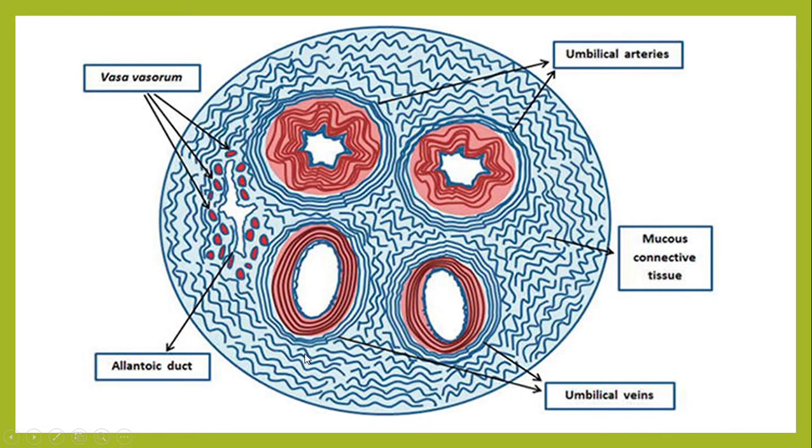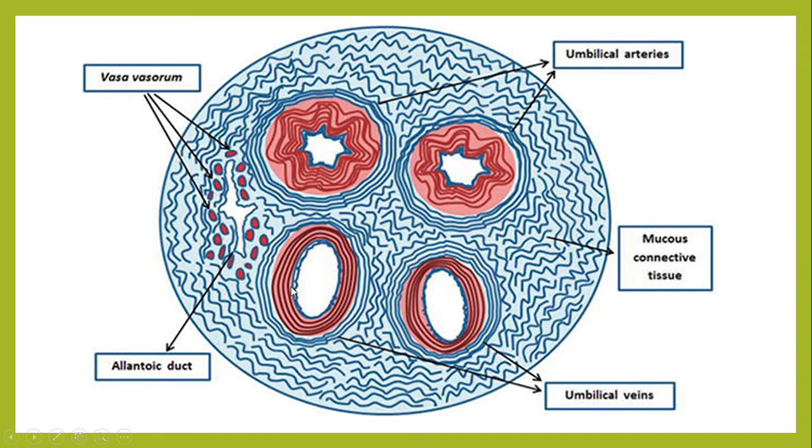In this diagram it shows the vasa vasorum. Vasa vasorum means the blood vessels supplying the vessels. So these arteries and veins are supplied by small arterial vessels, which is the vasa vasorum. There may also be the presence of allantoic duct or vitellointestinal duct, the remnant of the vitellointestinal duct.